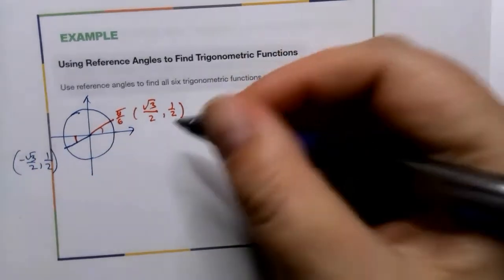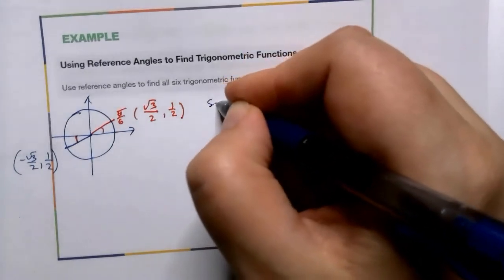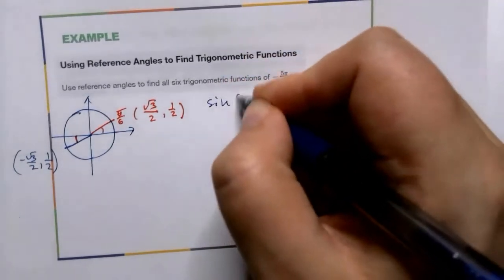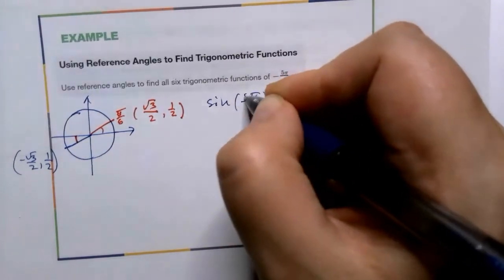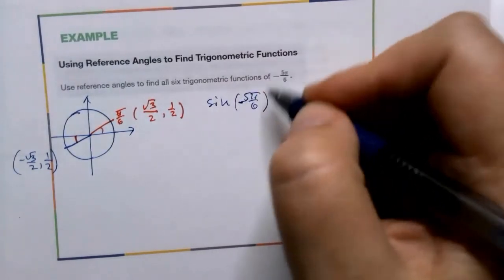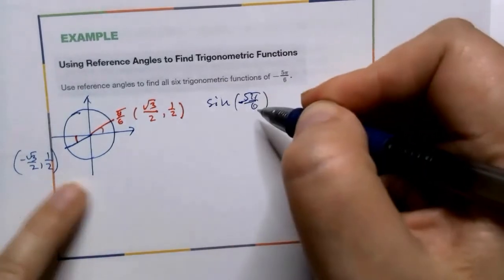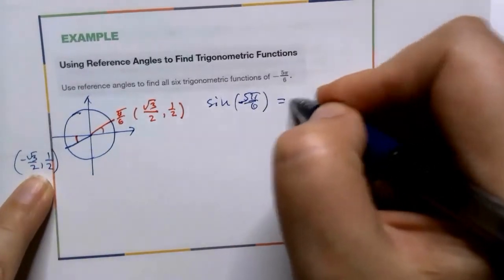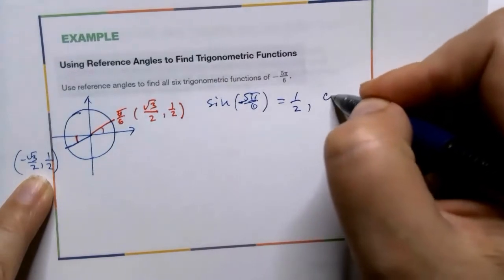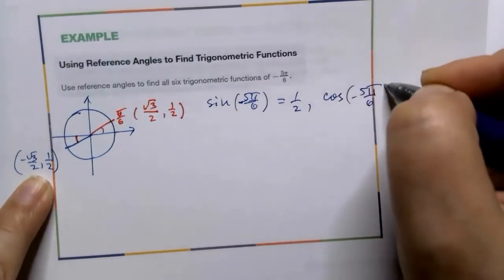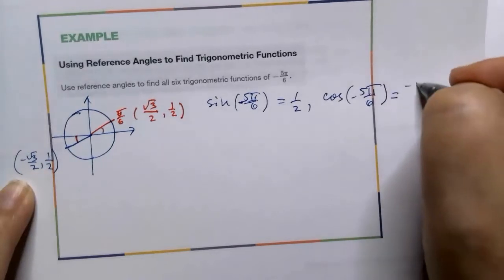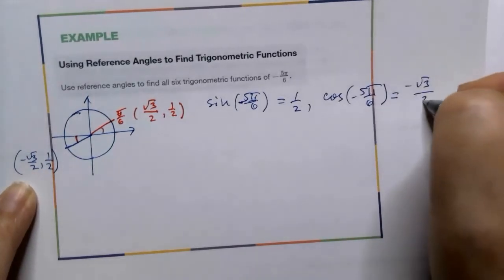So the sine of negative 5 pi over 6 is the y value, so it's going to be 1/2, and the cosine is the x value, so it's negative root of 3 over 2.